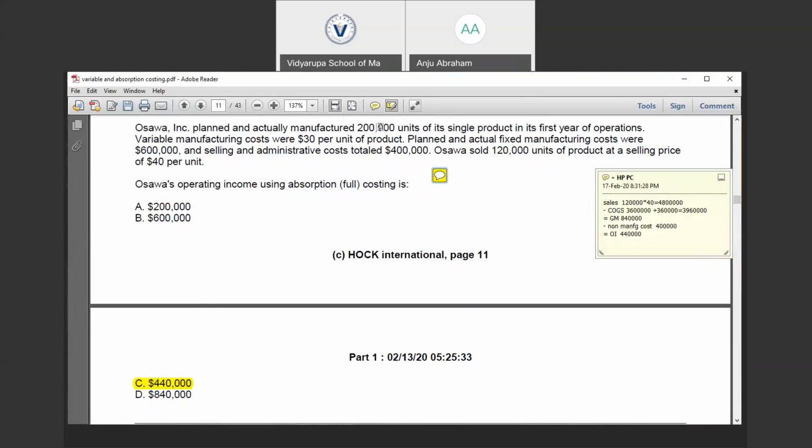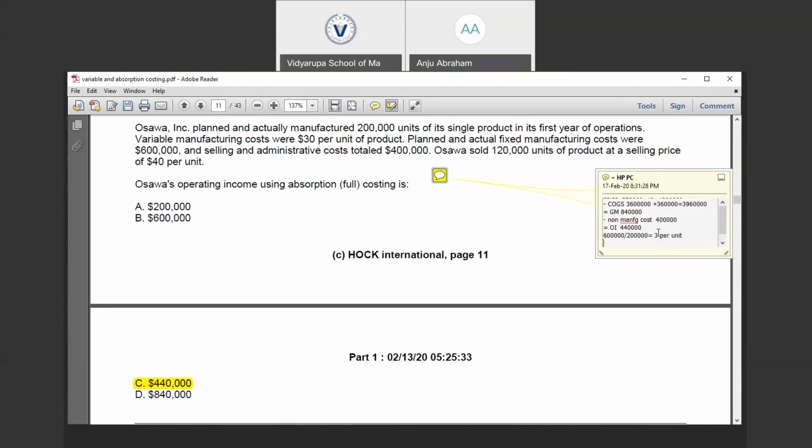From this 200,000 production, we only sold 120,000. So we only need to allocate the fixed manufacturing overhead for these units sold as part of the cost of goods sold. So 600,000 is our total fixed manufacturing overhead. Divide by 200,000, and we get the predetermined overhead allocated to be 3 per unit.